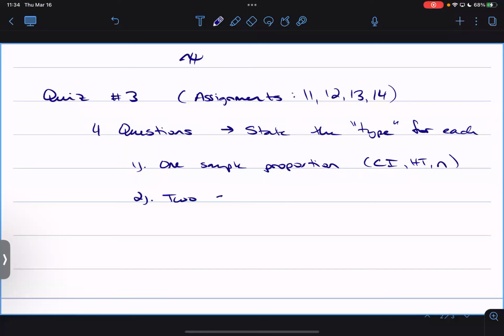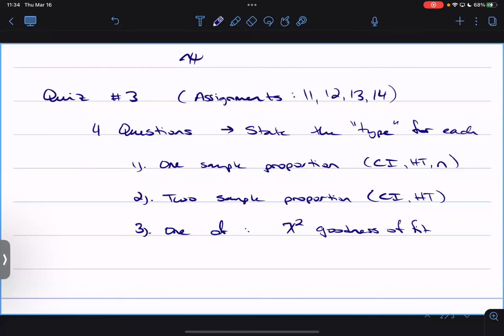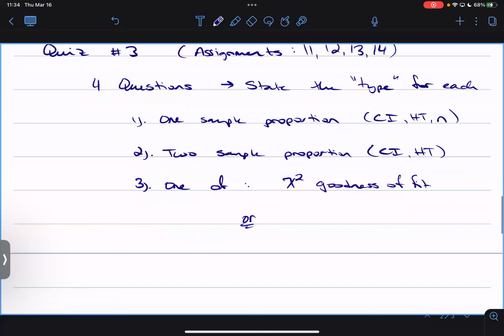2 sample proportion question, either a confidence interval or a hypothesis testing question. And then 3 is one of a chi-squared goodness of fit or a chi-squared test of independence.